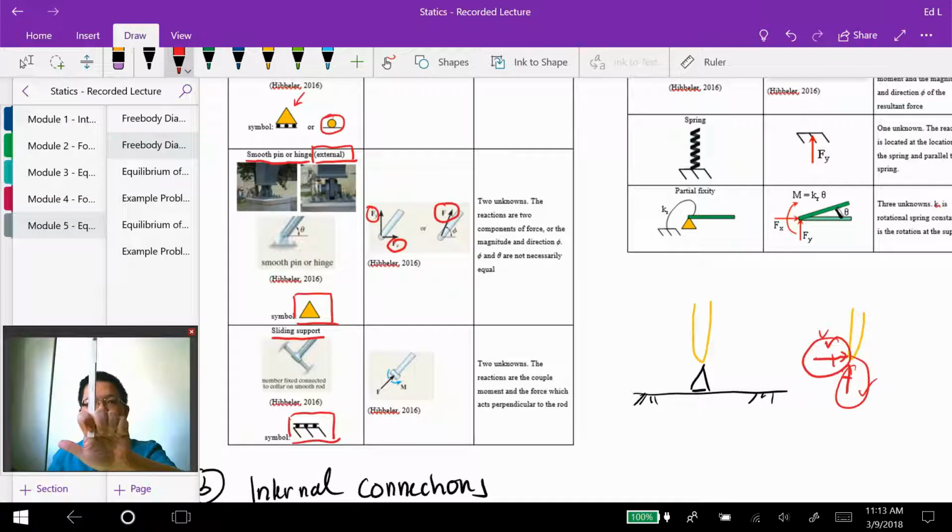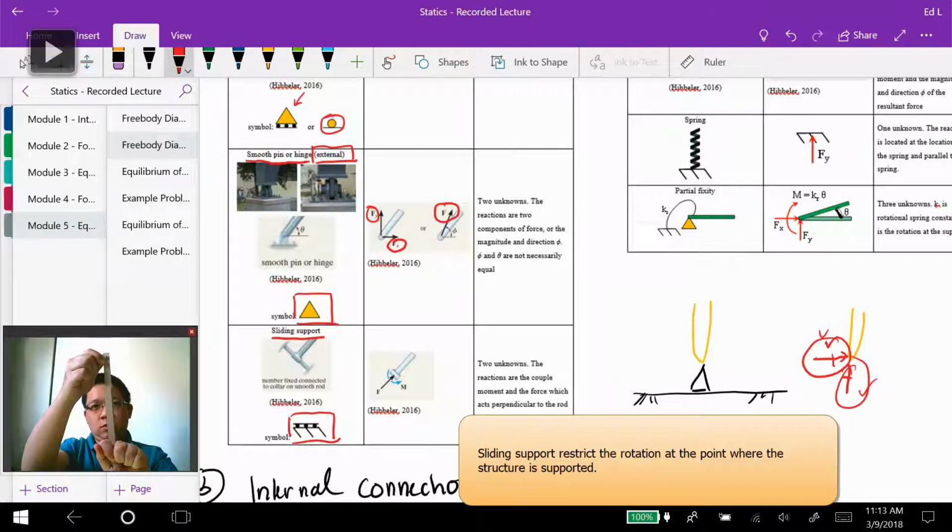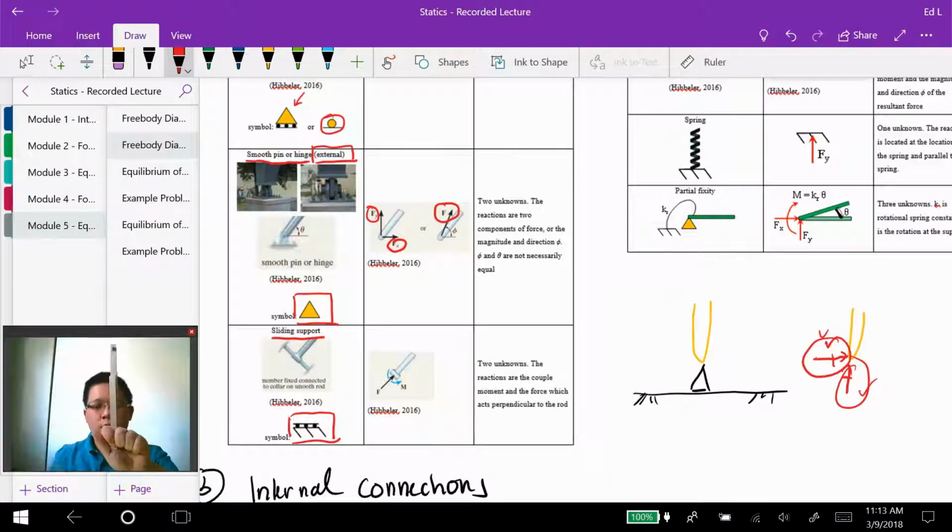This sliding support is able to move in the horizontal direction. It restricts the motion in the vertical direction. It also restricts the rotation of the member, so right now the member cannot rotate anymore. The only allowed motion is in the horizontal direction.